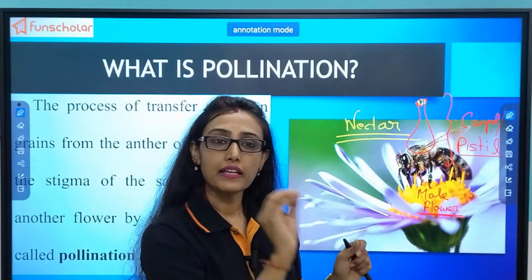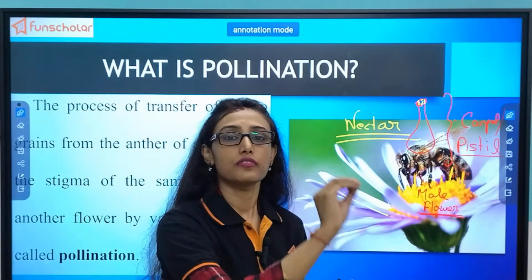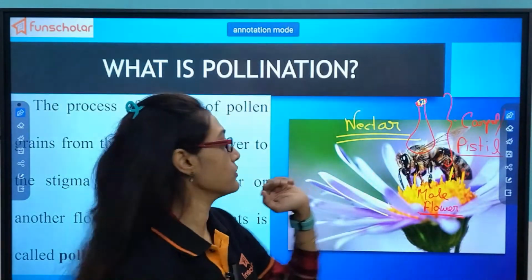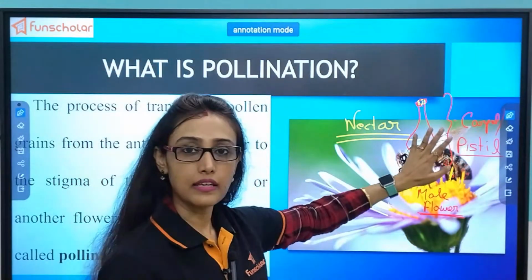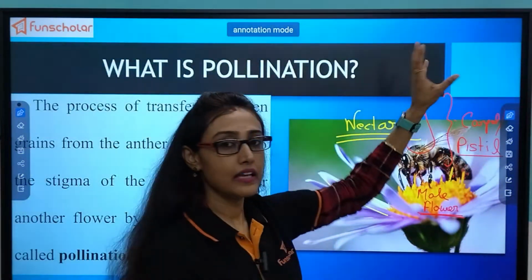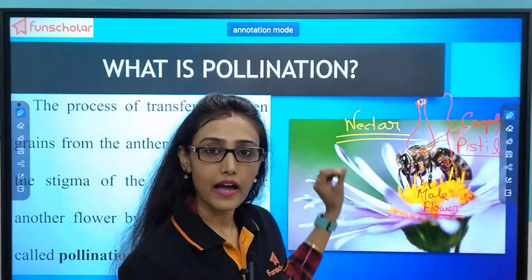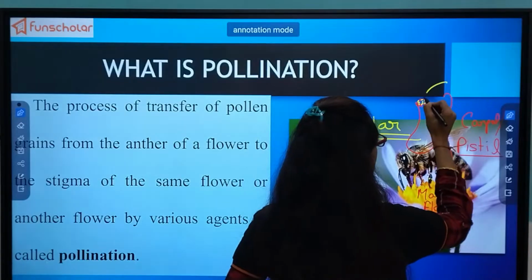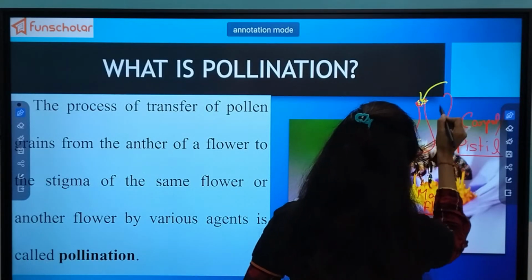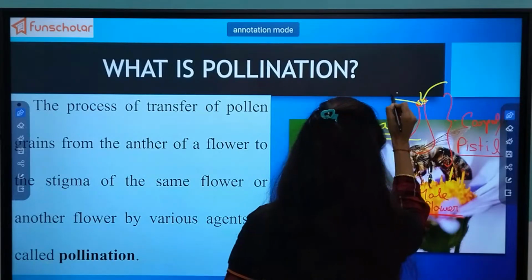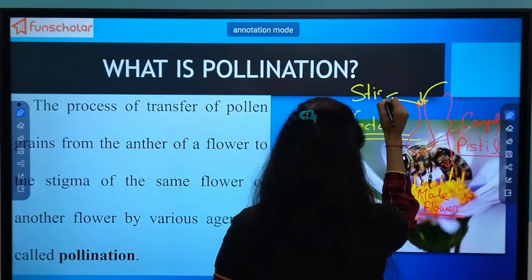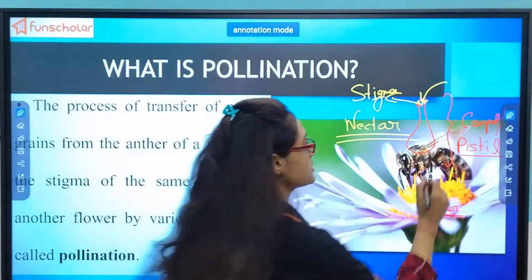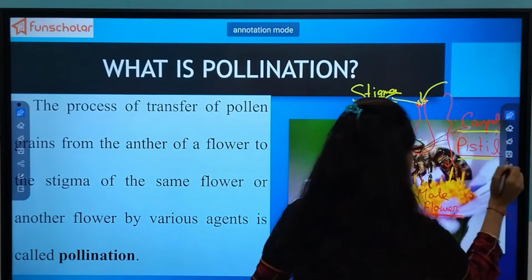You will see that the mica is stuck to the part with the fevicol only, and from the other part the mica will fall down. Similarly, because it is sticky, via insect or via wind or via any other agent, the pollen grains come and stick to the stigma of the female reproductive part which is known as carpel or pistil.